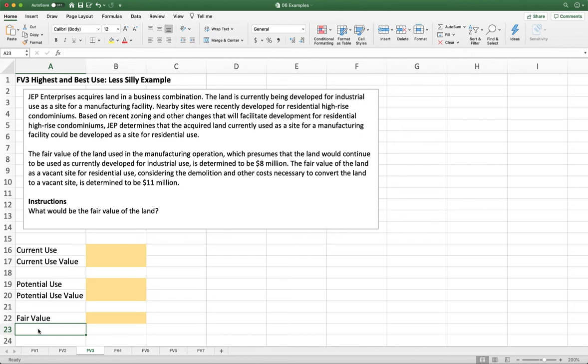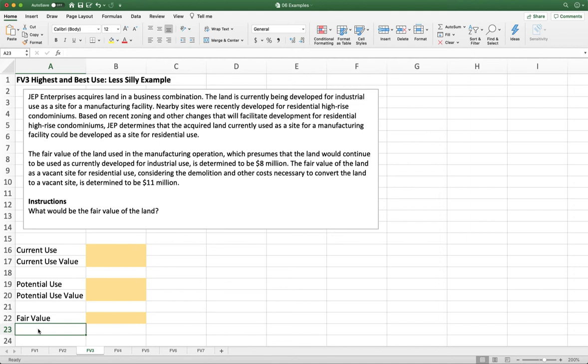So here we have land that's currently being developed for industrial use as a site for a manufacturing facility. Nearby sites were recently developed for residential high-rise condominiums. Based on recent zoning and other changes that will facilitate development for residential high-rise condominiums, JEP determines that the acquired land currently used as a site for manufacturing facility could also be developed for residential use.